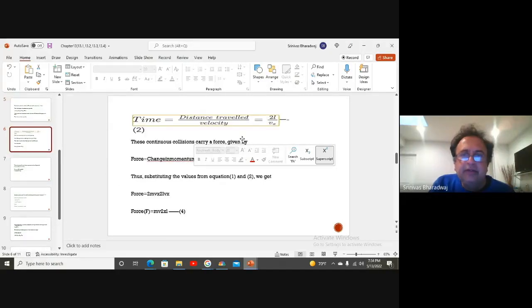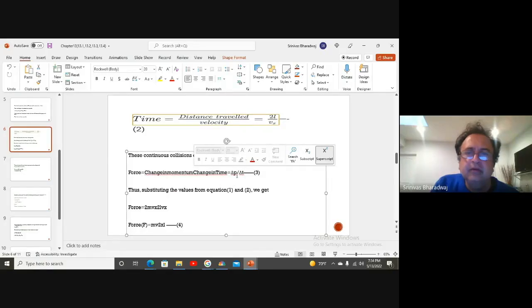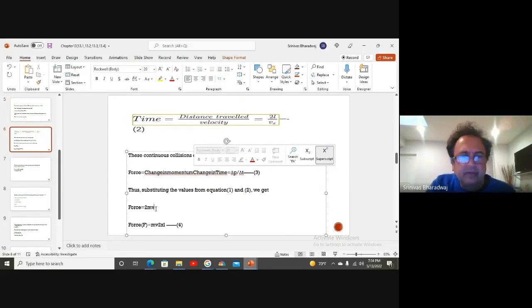So dp is given by 2mvx divided by 2l over x. dp by dt is therefore given by 2mvx over 2l over vx.